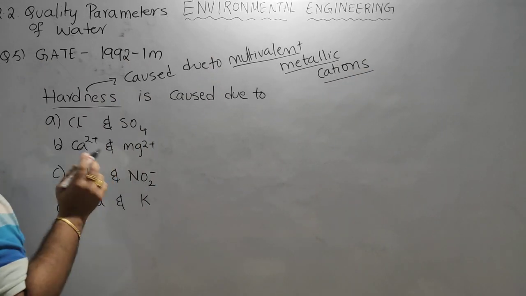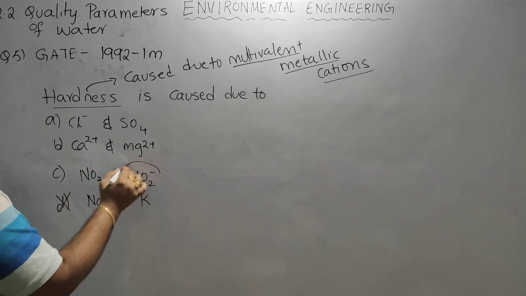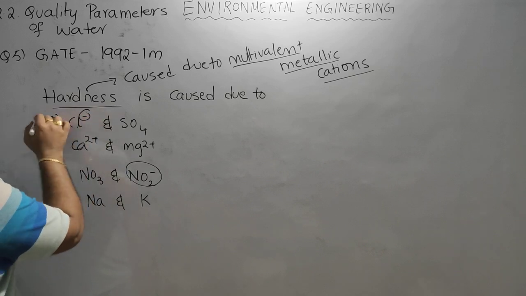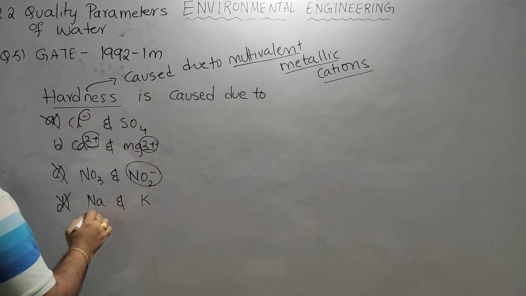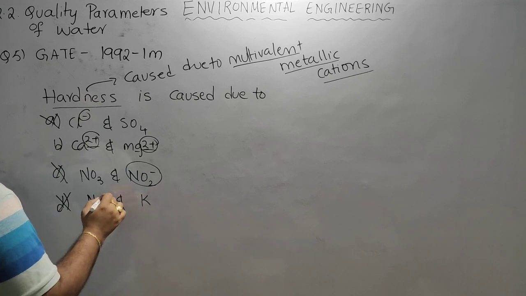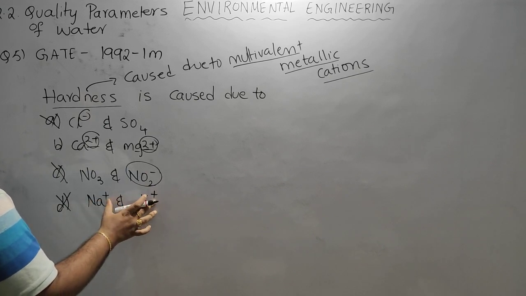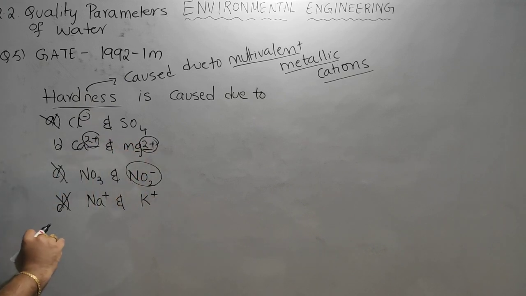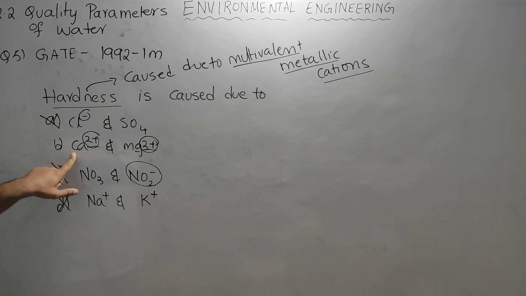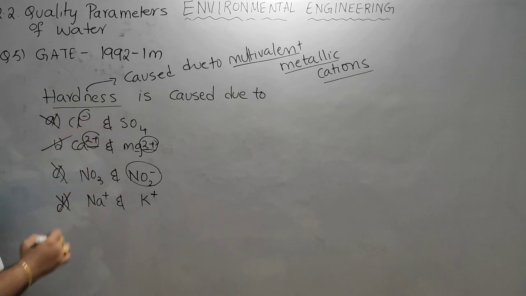Cation means positive sign. Multivalent means more than one. Sodium and potassium are metals, but they are not multivalent; they are cations having unit charge. Multivalent means 2 is multi. So calcium and magnesium are multivalent metallic cations. So the answer is calcium, magnesium.